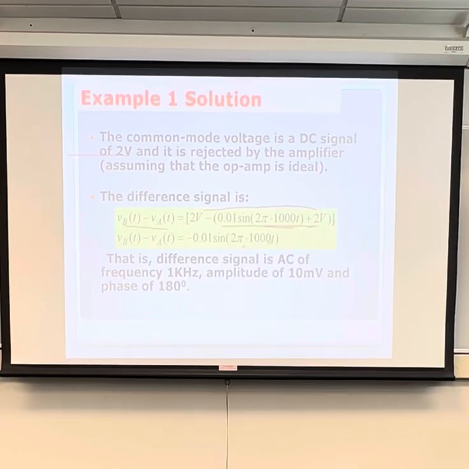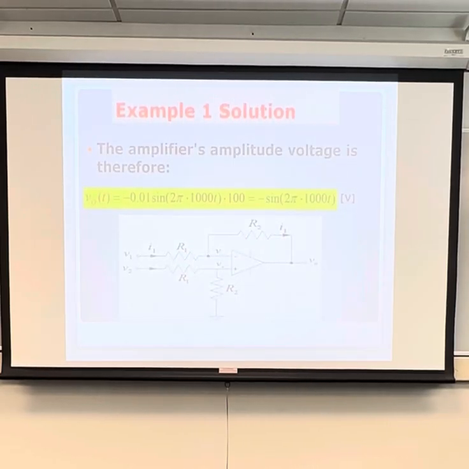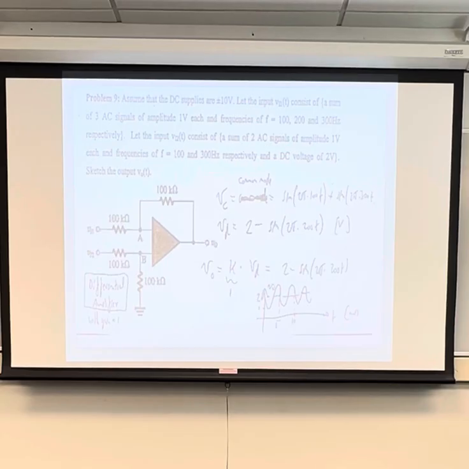So mathematically, the design is pretty much complete. But it still doesn't explain how we remove the 2 volts in here. In math it happens, but the circuit is still not designed yet. So the output is only going to be the sine 2 pi 1000 t, and it will not contain the 2 volt interference.